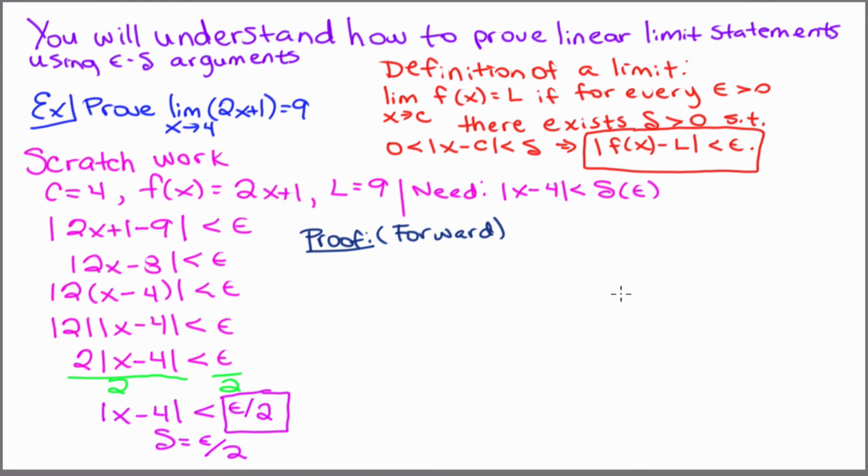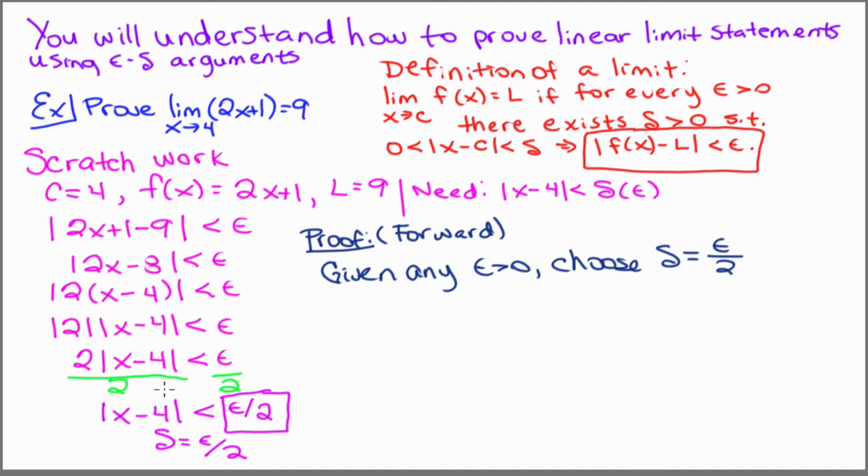Here's the second proof. In this proof, we'll move forward through our scratch work. We will still begin with given any epsilon greater than 0, choose delta equal epsilon over 2.